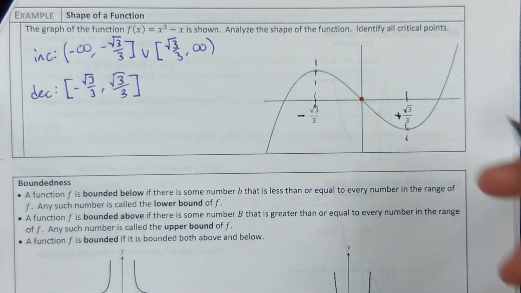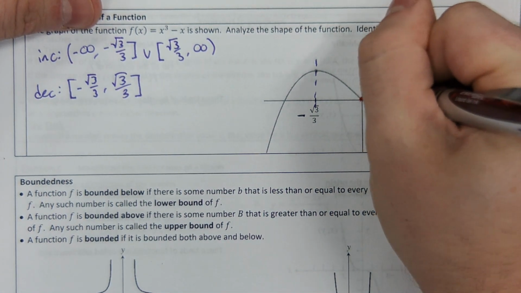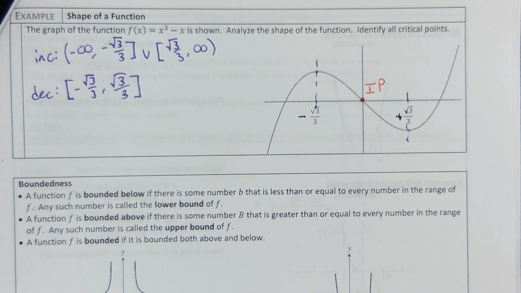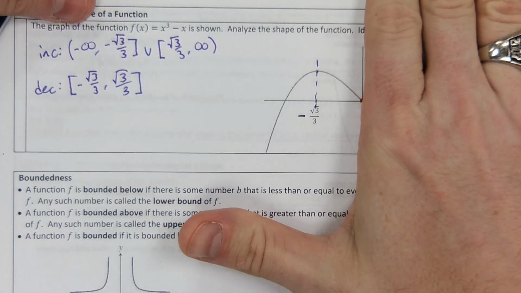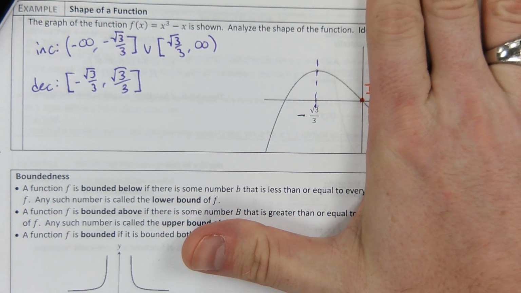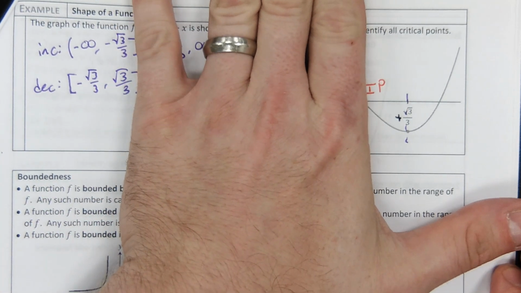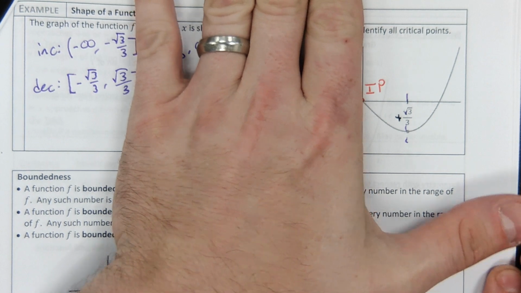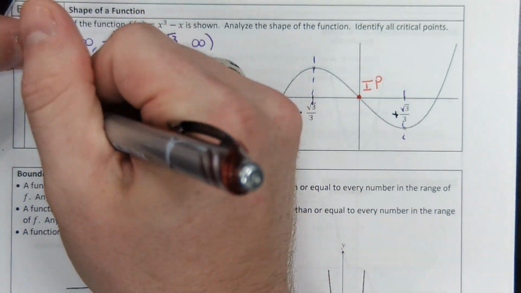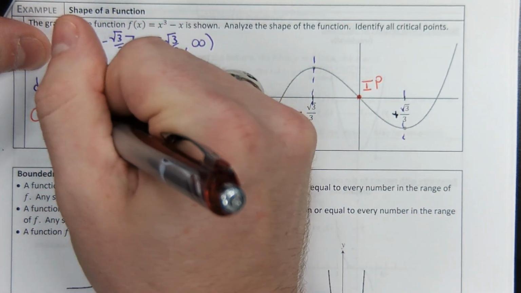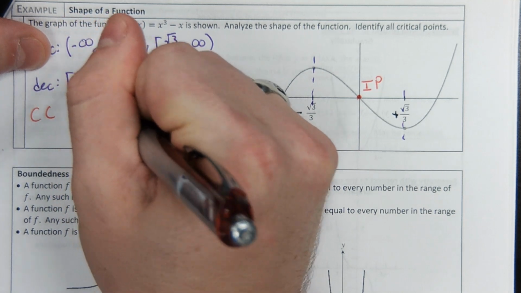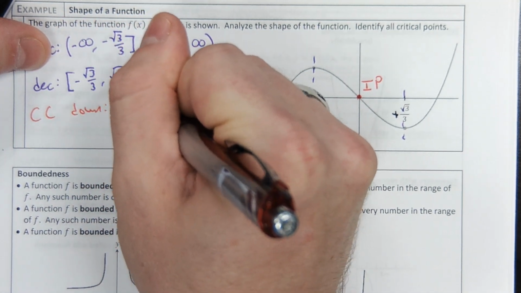Now, I've already kind of given it away, but this is our inflection point, which means we have a change in concavity there. Everywhere to the left of that dot, bell-shaped, concave down. And everywhere to the right, bowl-shaped, concave up. So we'll see concave down is negative infinity.